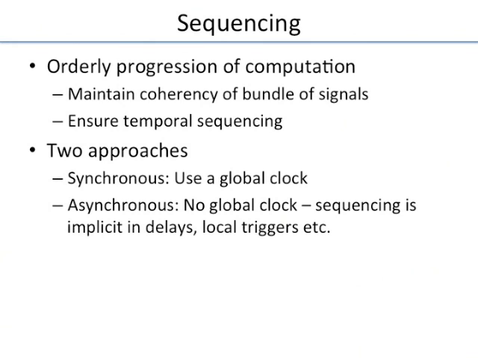Almost all designs are done in a synchronous way, and this course also will be pretty much focusing on synchronous design. In the asynchronous approach, there is no concept of a global clock, but somehow you still have to maintain the requirements of order and coherency. You can't get away from it, but there is a different way of achieving it in a very distributed manner, and it's somehow implicit in the kind of delays which are there. Some local triggers are generated and so on.